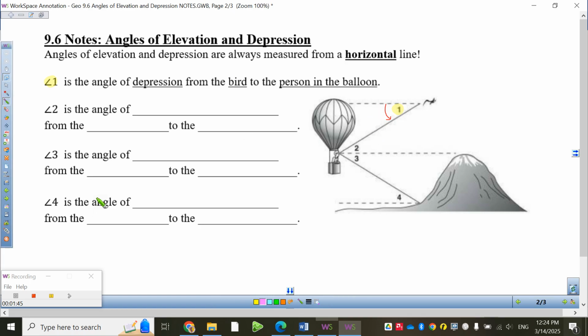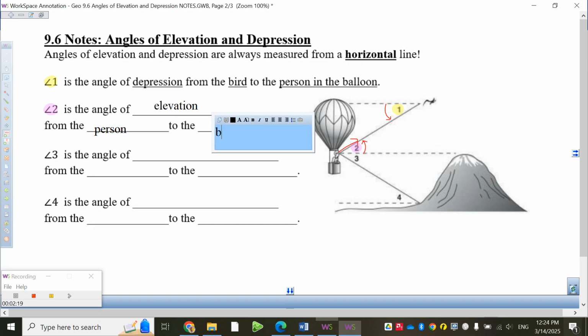All right. So we're going to use this same idea to fill in these blanks. Angle number 2 is over here. So for angle number 2, this represents this person looking up at the bird. So we're talking about this angle right here. All right, so what we're going to fill in the blanks with is this is the angle of elevation from the person to the bird.